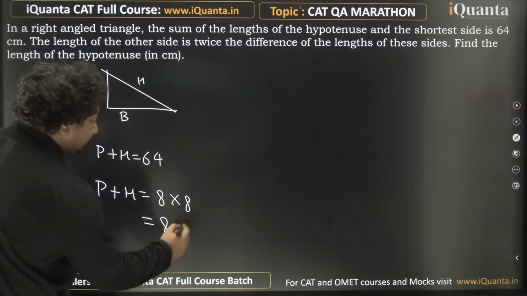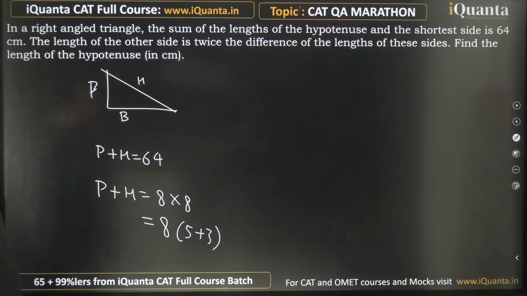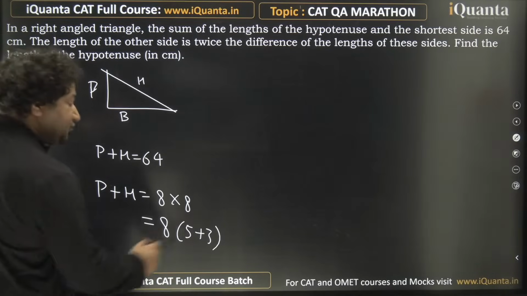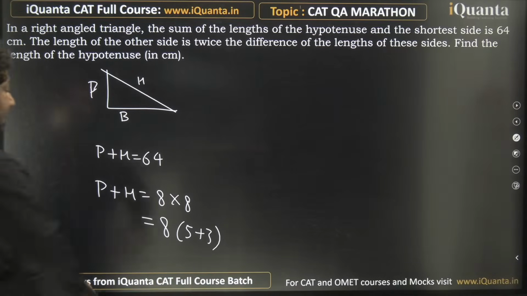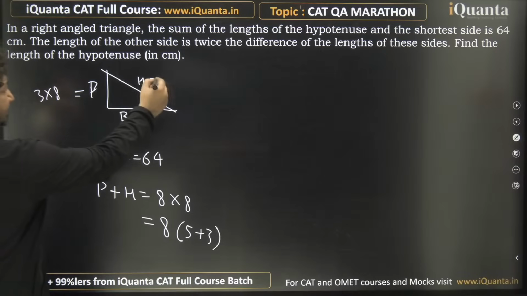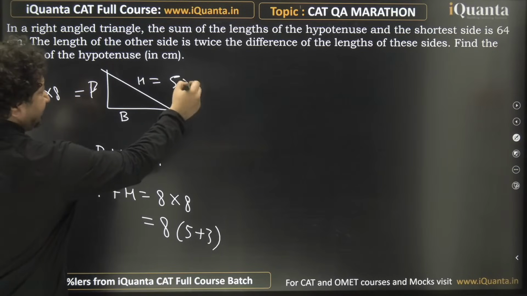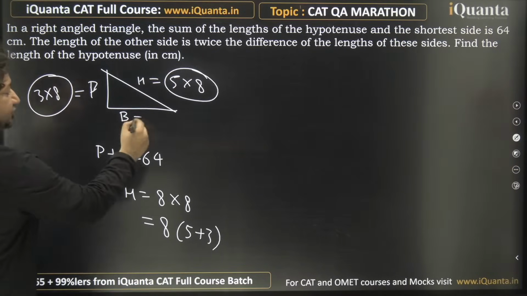Because I know that there are two possibilities, 3 and 5, which add up to 8 and they give a triplet. So I can assume that P is basically 3 times 8 and H is basically 5 times 8. Once I have assumed that, base will be 4 times 8.